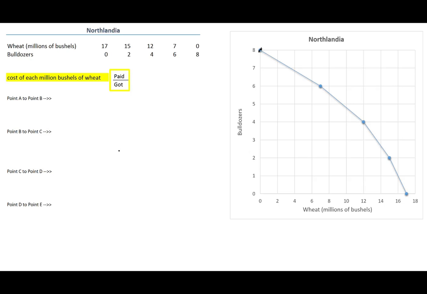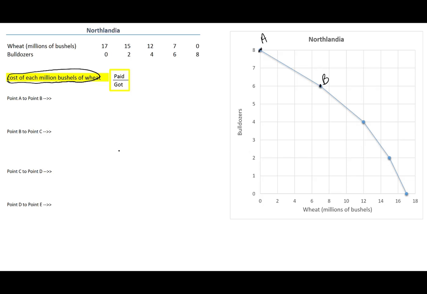Let's work on the first segment and figure out the cost of each million bushels of wheat between points A and B. We'll need to figure out what is given up between points A and B and divide it by what is gained.